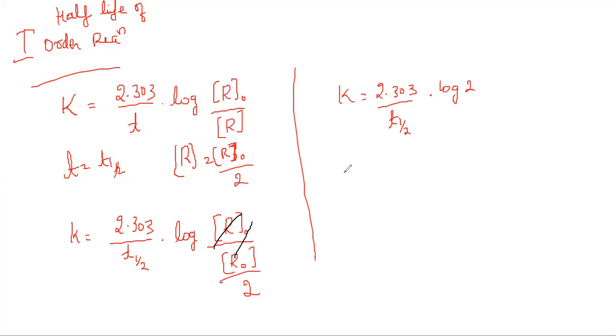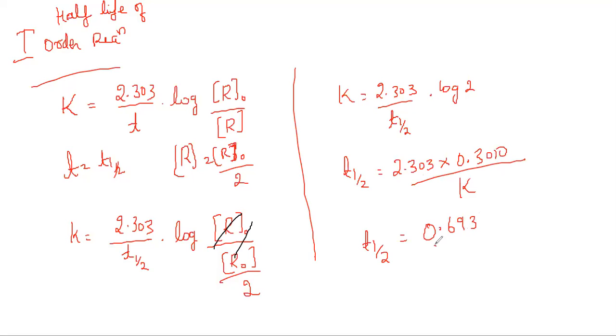Therefore t half is equal to 2.303 into log 2, which is 0.3010, whole thing divided by k. Multiplying that, we get 0.693 by k. So this is the expression for half-life of a first order reaction, and it is very important.